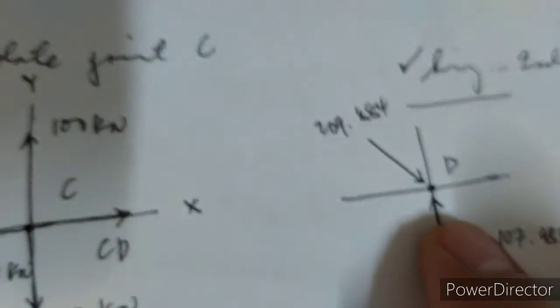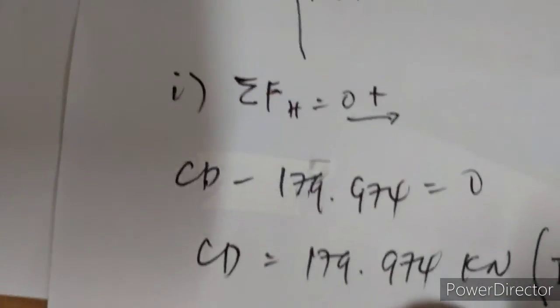And what else is involved at this joint? We have CD. We computed CD using joint C as 179.974. So we illustrate it in here.